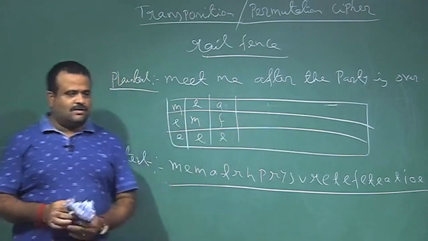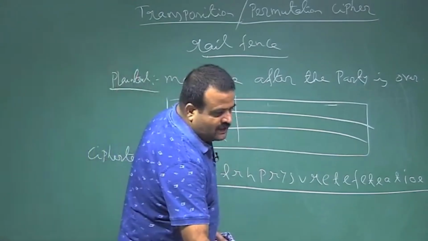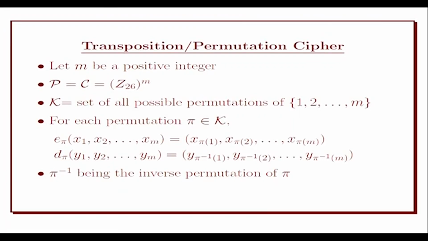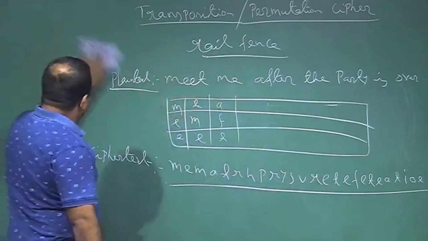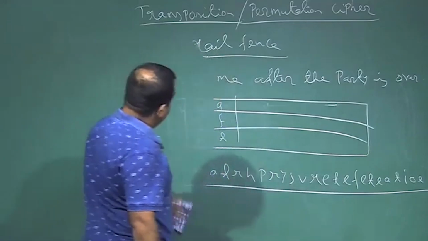That technique is called the transposition rail fence technique, and we will use this idea for the transposition or permutation cipher. So, let us formally define this cipher.